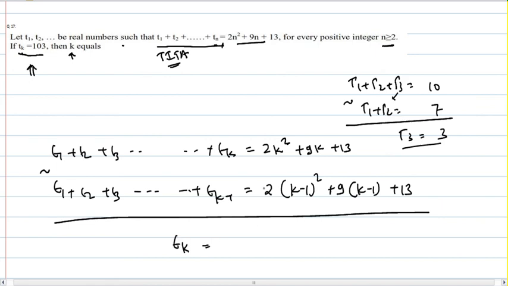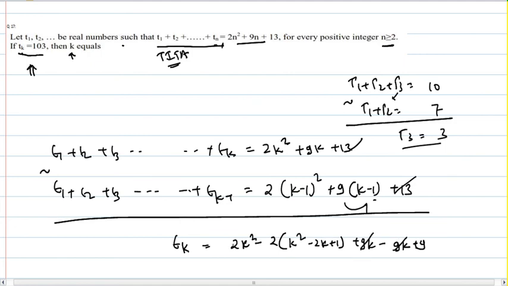And what will I have? See, this is 2k square minus, this will expand as k square minus 2k plus 1. This is 9k minus 9k plus 9. This 9 when multiplied in reverse will become plus 9, and 13 and 13 will be cancelled. So what I have here is, this is also gone.